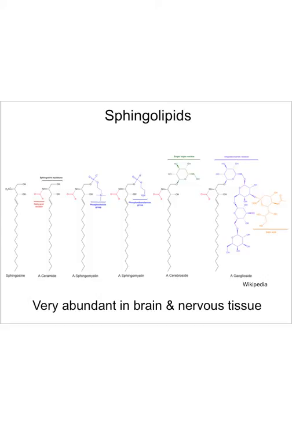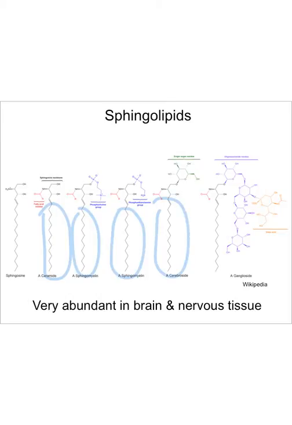Sphingolipids are a series of complex fatty acid-derived molecules. There are a number of them, and they're all based on a common tail of a chemical called ceramide. The ceramide tail is shown here for all of these different sphingolipids.